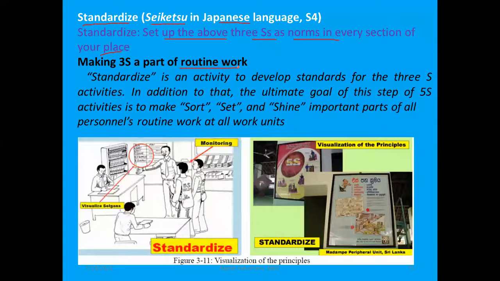For example, what do we do when we wake up in the morning? After waking up, we brush, have a cup of coffee or tea, do some exercise or have a bath. That should be a standardized routine. Similarly, when you come to the office, shop, factory or any firm in the morning, the first three things you have to do.